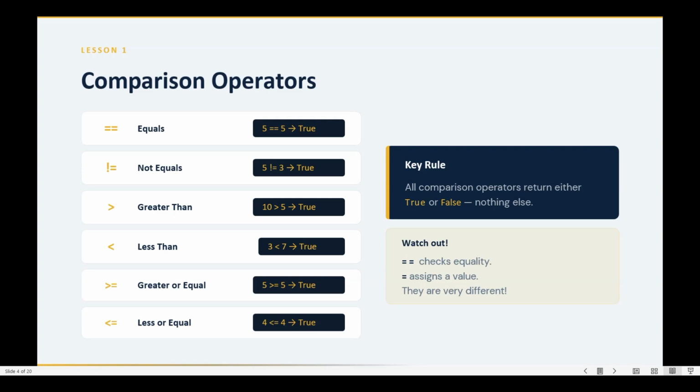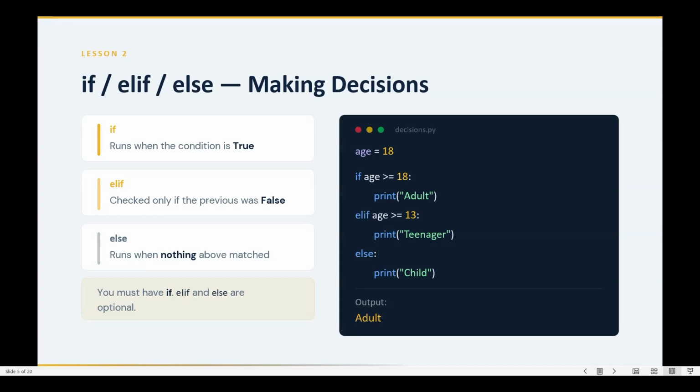We'll move on to the next topic. Our next topic is control flow statements: if, elif, and else. These are decision making statements. The if statement runs when the condition is true.